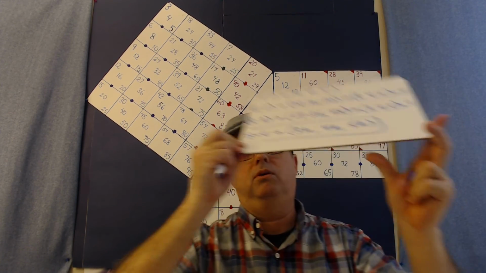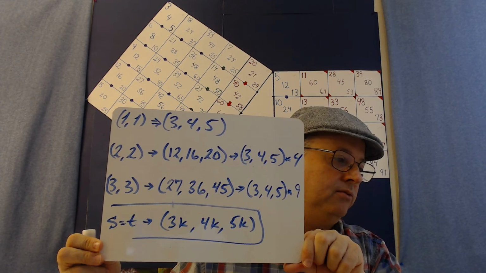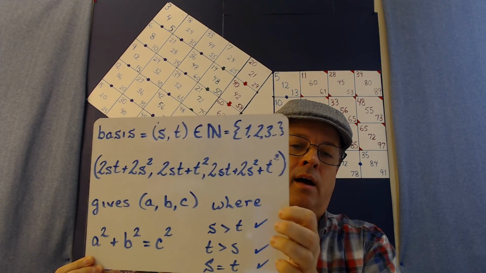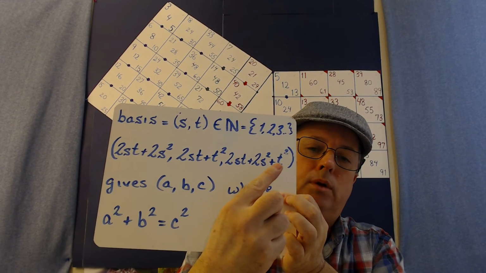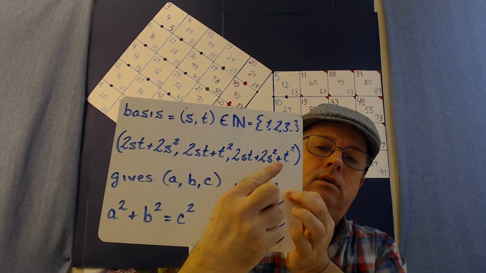And so that's what we were talking about right here. So, neat fact. Okay, neat proof. All right, now in the next video, we are going to show how this Pythagorean triple generating formula came about.